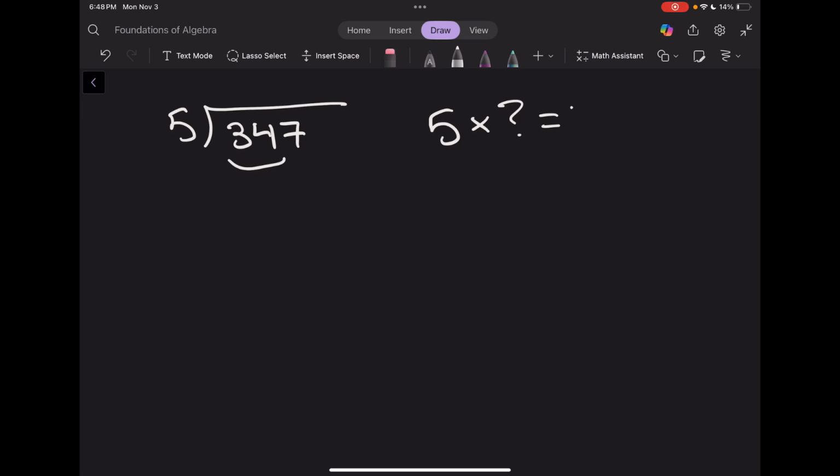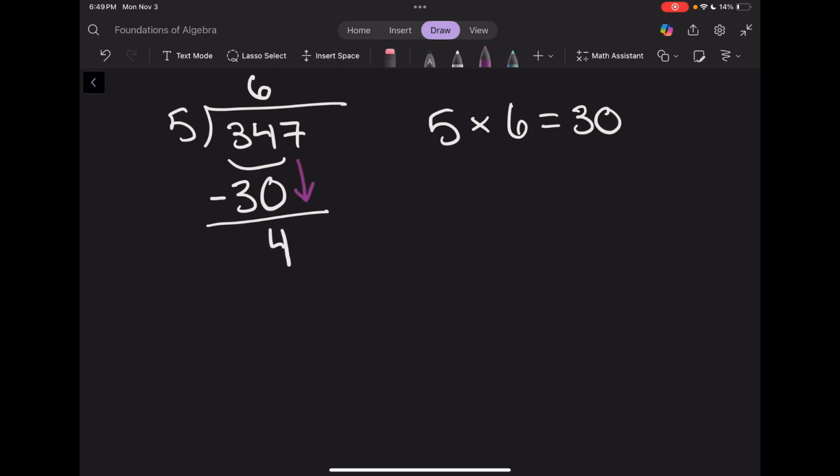I know 5 times 7 is 35, but that's too big. 5 times 6 is 30. So that is what we're going to use. So we're going to subtract 30 here. We're also going to put 6 up here. And 34 minus 30 is 4.